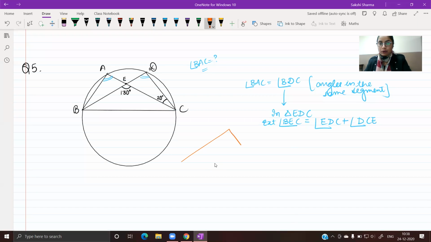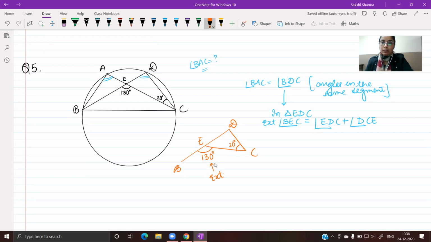Those who are not aware of the exterior angle property, or have forgotten it or don't remember it correctly, this is the triangle that we have. 130 degrees over here, 20 degrees over here. So this is the exterior angle. The measure of the exterior angle of a triangle is equal to the sum of the interior opposite angles.